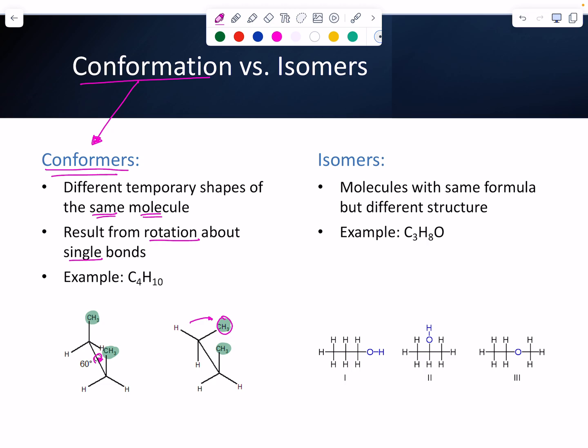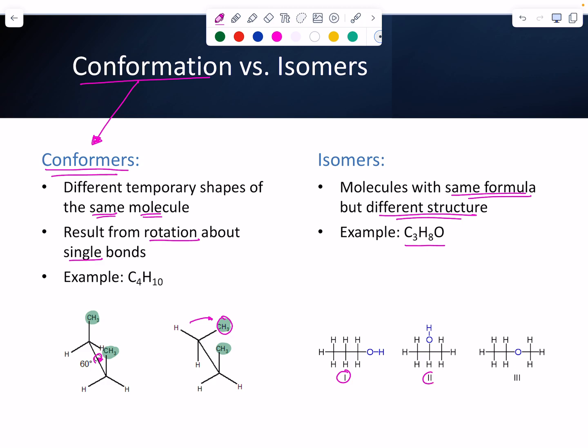Now let's look at molecules with the same chemical formula but a different structure. In this case, we've got 3 carbons attached and 1 oxygen, and then 8 hydrogens. So we could have these 3 different molecules.